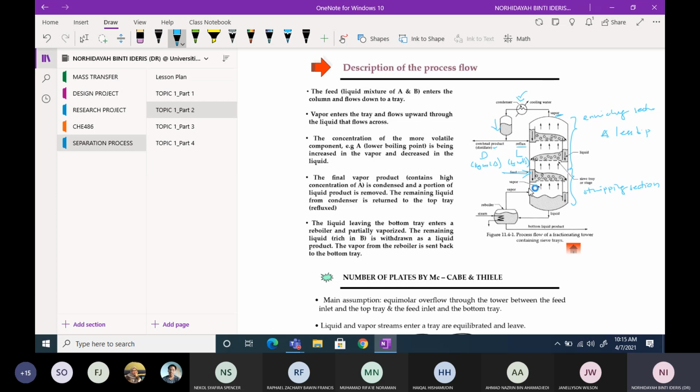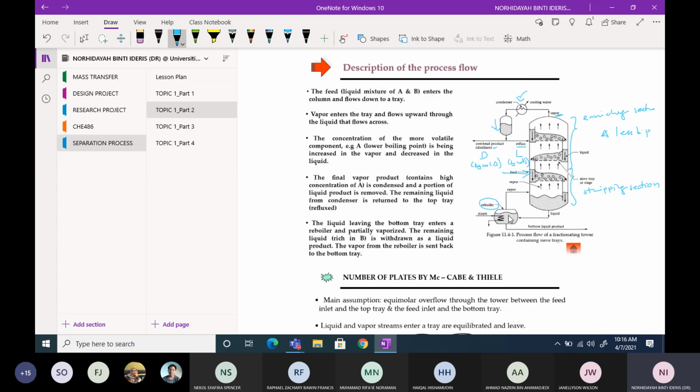In the stripping section, the component with high boiling point will go to the bottom part of the column as liquid. You can see that at the upper part there is vapor, and the liquid comes from the bottom, and right here this liquid will go into the reboiler. The reboiler is usually installed at the bottom part of the column so that this liquid will be reboiled again.